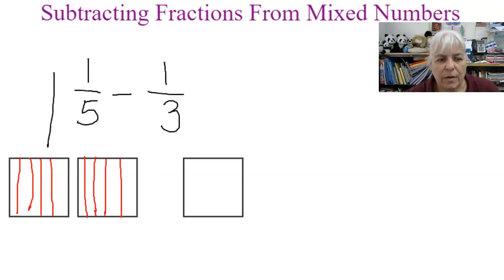Okay, and I'm going to now take this other square and do the 1/3. Okay, now I have this one whole, so all the fifths in this one. I'm just going to represent it that way, and then 1/5 over here, and then 1/3 over here.